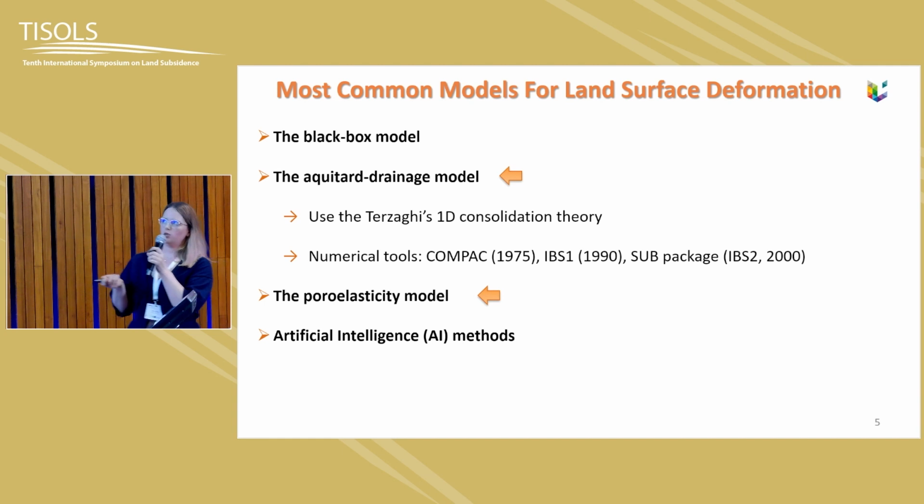Later on, IBS1 was developed by USGS in 1990, and it does the same as Compact, adding the modeling of subsidence in semi-aquitard layers. And finally, in 2002, the SUB package was released, which takes into account what IBS1 was doing and also adds the delayed subsidence that can occur during deformation.